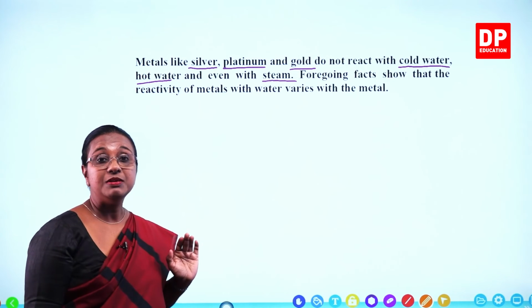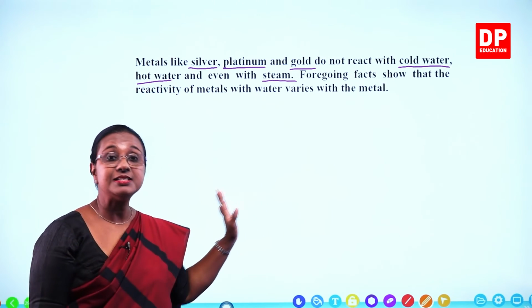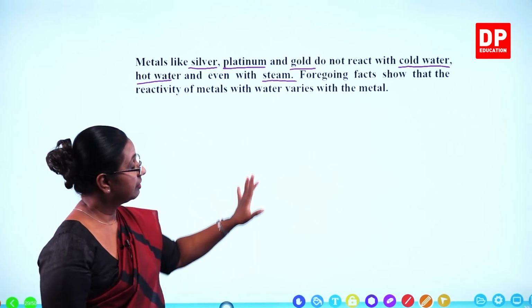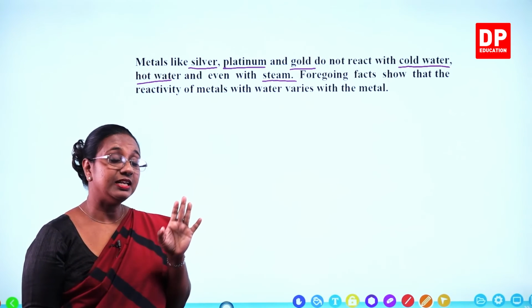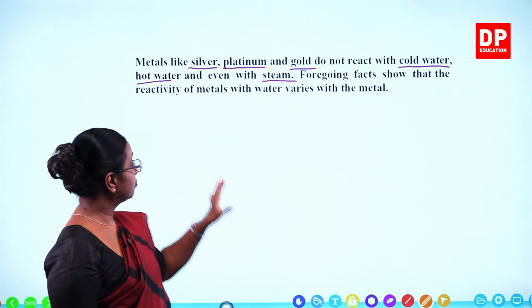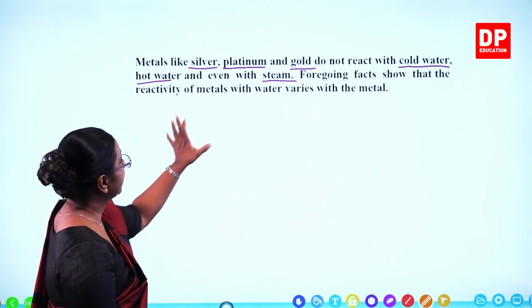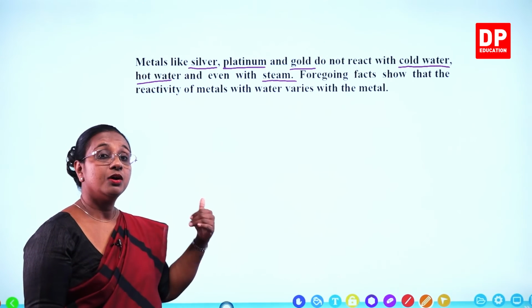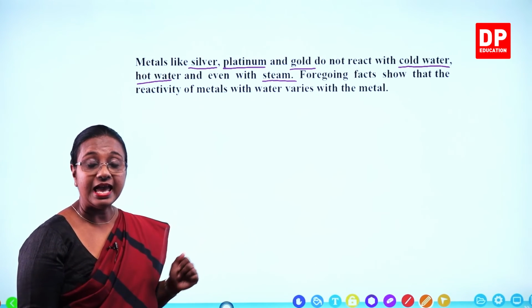So as I did before, students, to summarize the reactions of metals with water, I will write down a table so that it is easy for you all to compare the reactivities. So I will have the metals here and the three types of water or instances: cold water, hot water and steam.